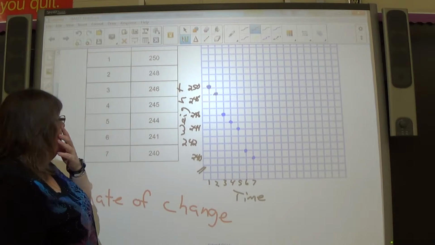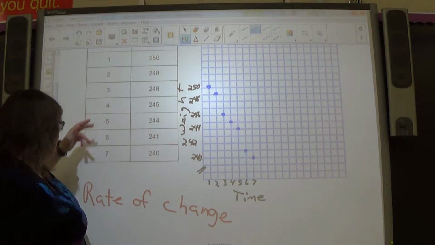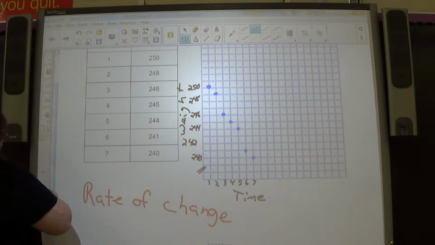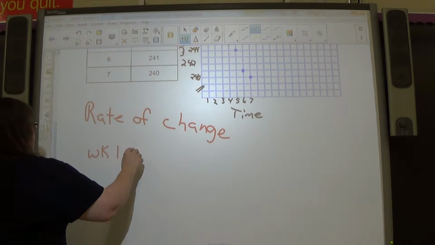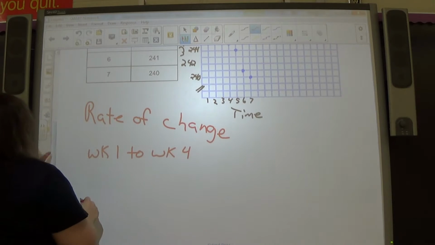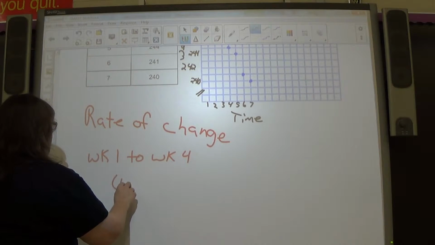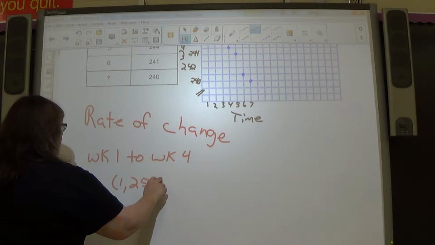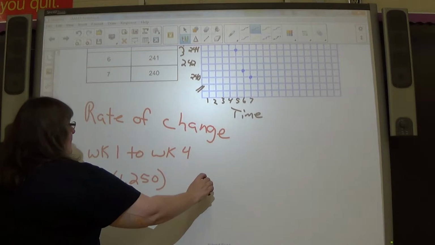So now, let's look at that. Let's take the points from week 1 and week 4, okay? So week 1 to week 4, we're looking at 1, 250 for a coordinate, and 4, 245.